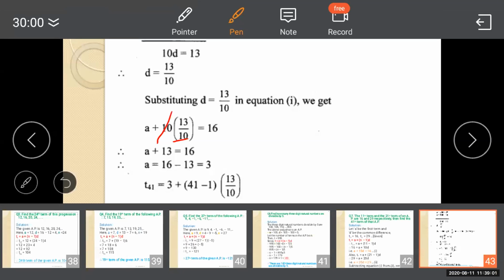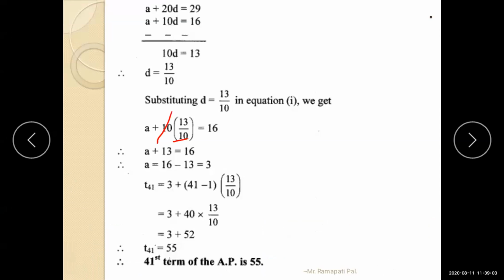If you see properly here, 3 plus 40 into 13 upon 10.